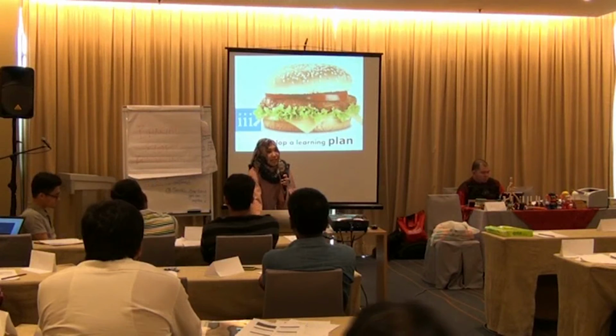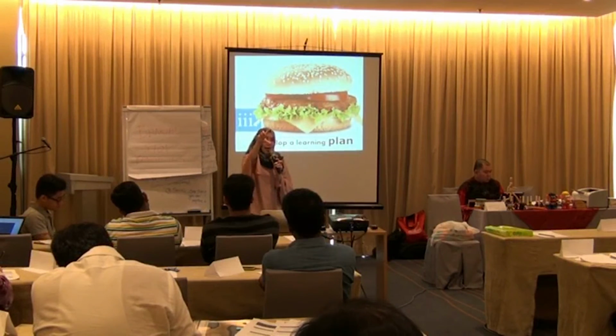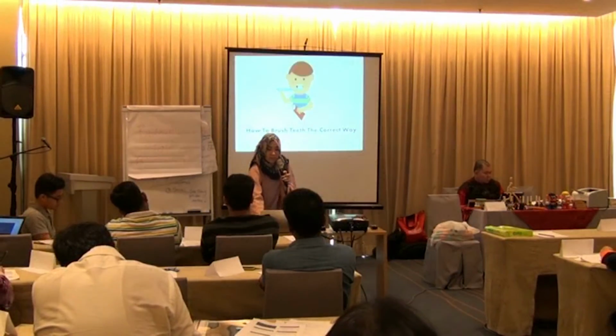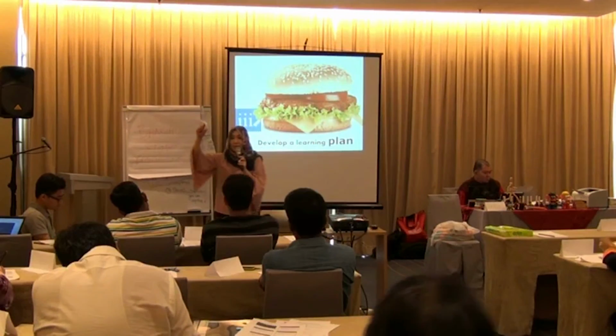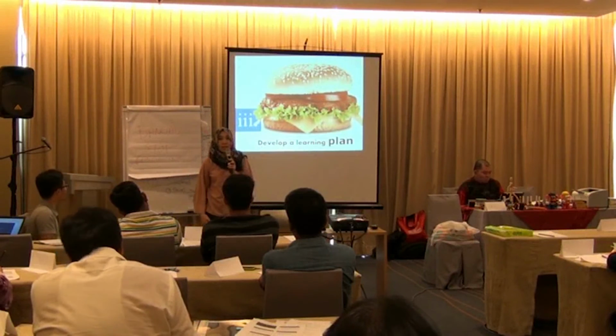So this is the burger again. That's how you develop your learning plan. Developing a learning plan at the end of the spectrum is the three columns I mentioned. What are the three columns?